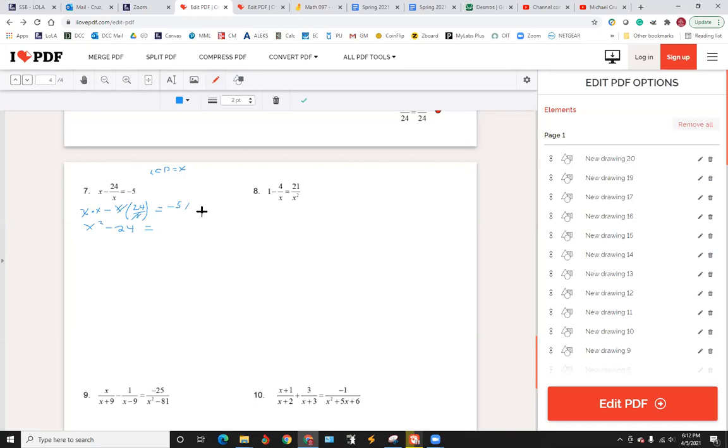Oh, and then this is multiplied by x also. I forgot it. It's x. It went back and looked like a 1. So that's negative 5x. So that's going to come over here and be in the middle. It's going to be positive.